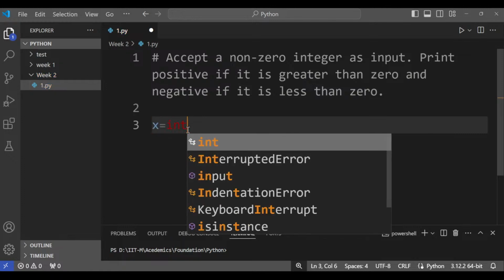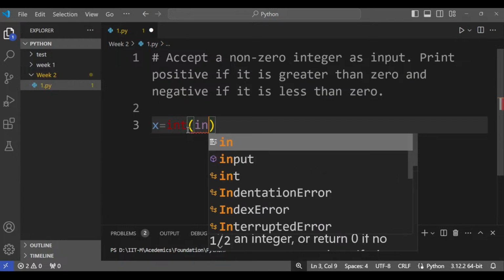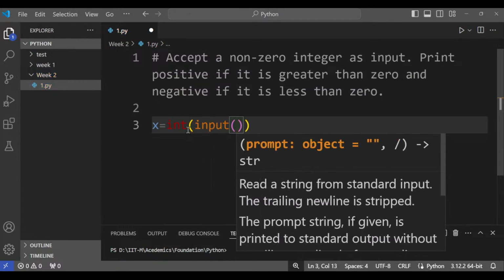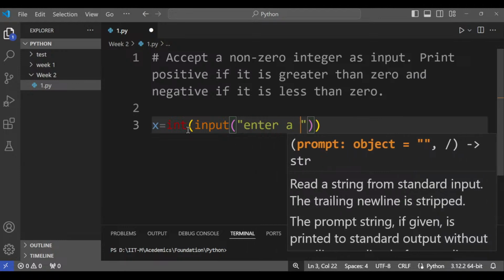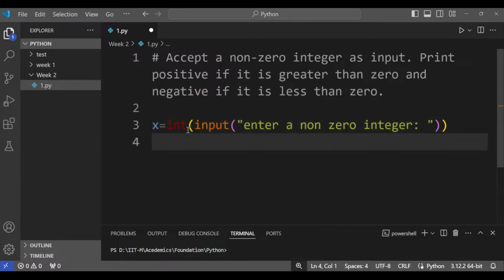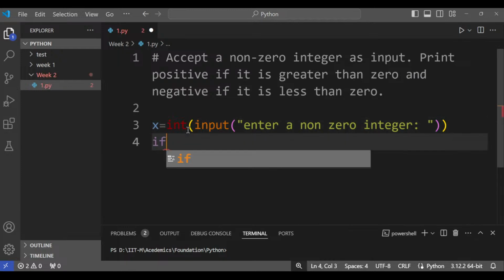x equal to int of input. Input: enter a non-zero integer. So we take it and then we use the if statement.